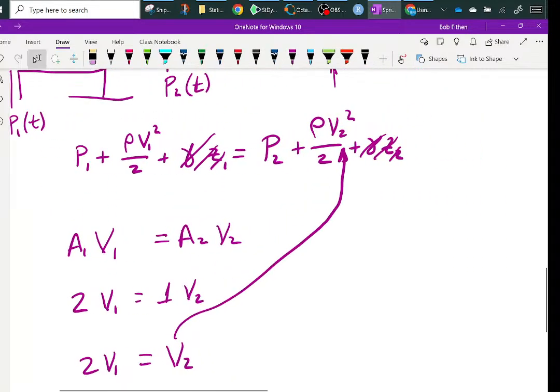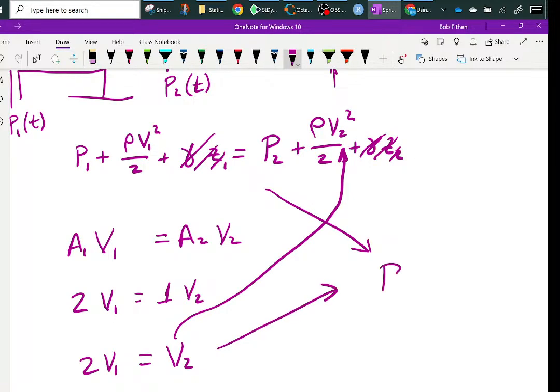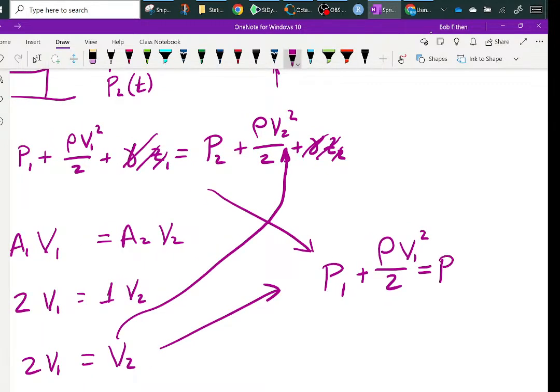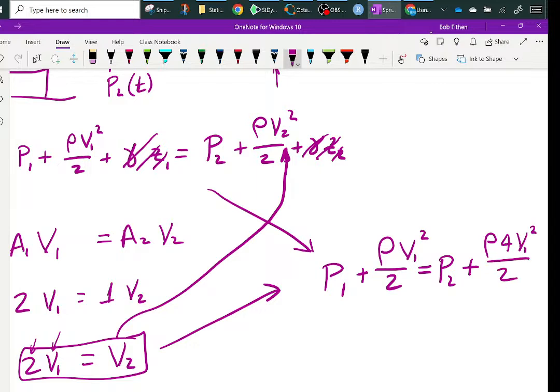As a result, I get P1 plus rho V1 squared over 2 is equal to P2 plus rho, and now I'm sticking this in for V2. So I'm going to square that term, and I'm going to get 4 V1 squared over 2. And I don't have anything else.